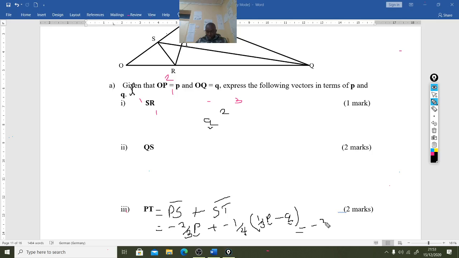Negative 3 all over 4 p plus a quarter q, which you can write as a quarter q factor, q minus 3/4 p factor.